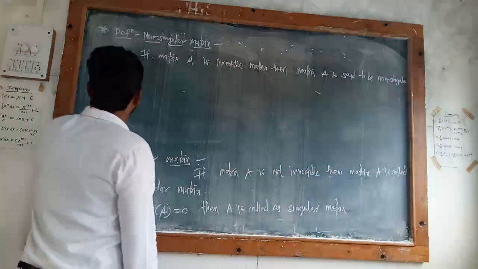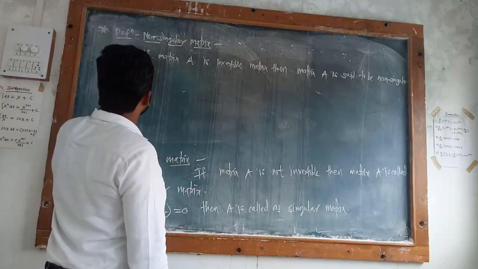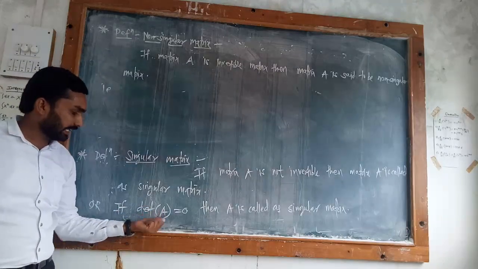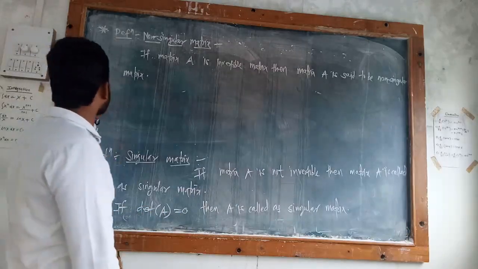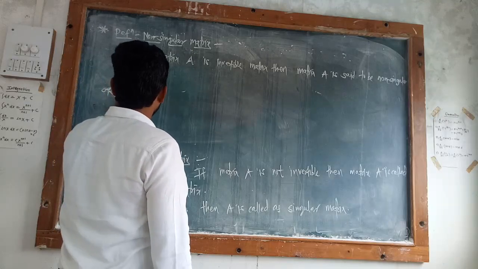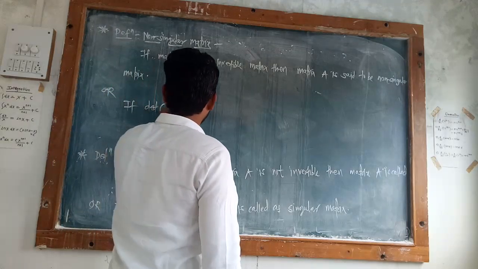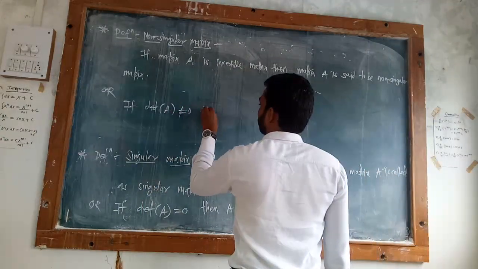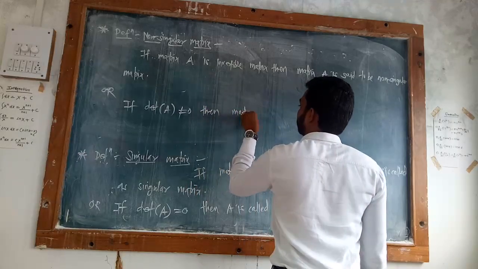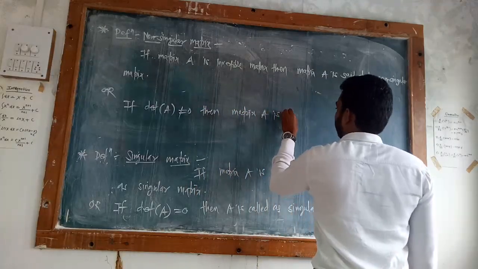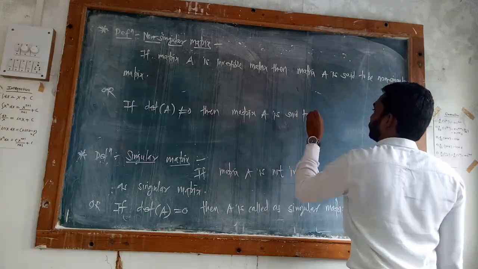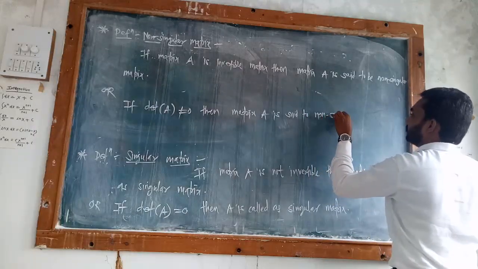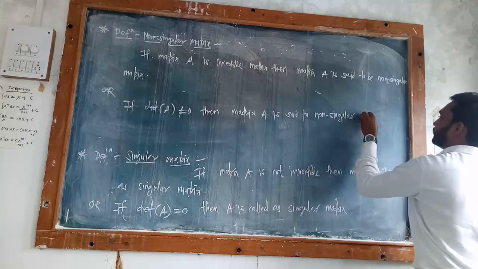Or another definition: if the determinant of matrix A is non-zero, then matrix A is said to be a non-singular matrix.